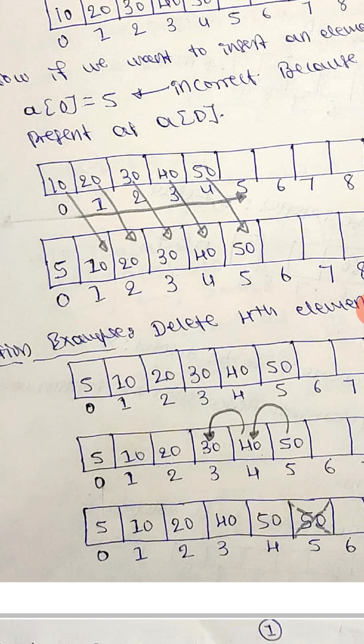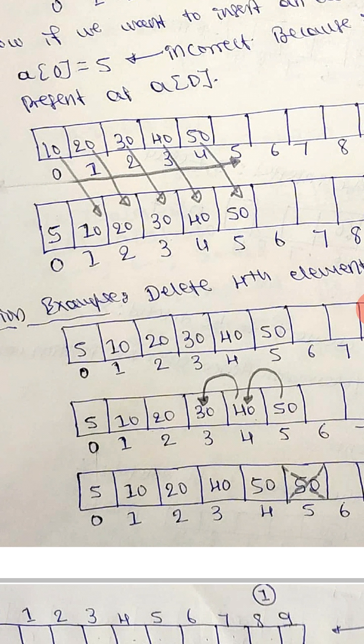The only difference between insertion and deletion operation is, in case of insertion, we are moving elements one position ahead, whereas in case of deletion, we are moving the elements backward.